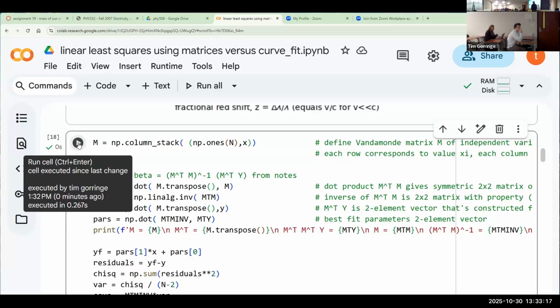So we're going to build the product of the matrix M times y, the product of the transpose of the matrix M times M. We're going to build all these different things here, and I'll just show you.